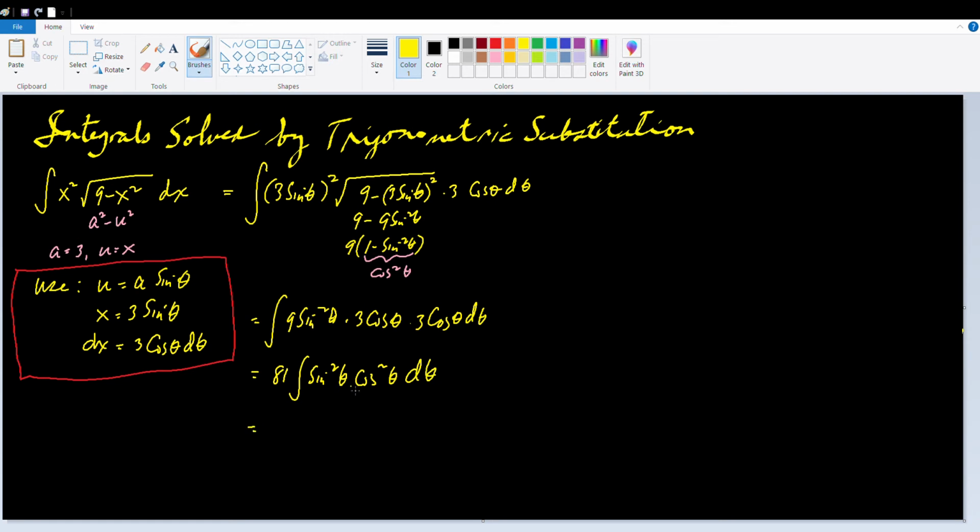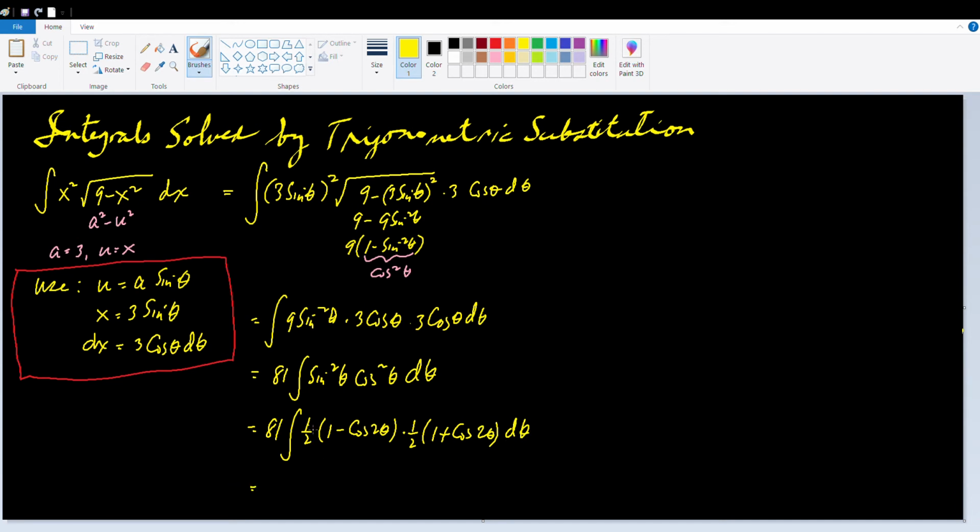Sine squared theta cosine squared theta falls under case 4 for powers of sine and cosine, where both exponents are positive even integers. So we shall apply the identities: 1/2 (1 minus cosine of twice the angle, 2 theta) replaces sine squared theta, and cosine squared theta is 1/2 (1 plus cosine of twice the angle, which is also 2 theta) d theta.